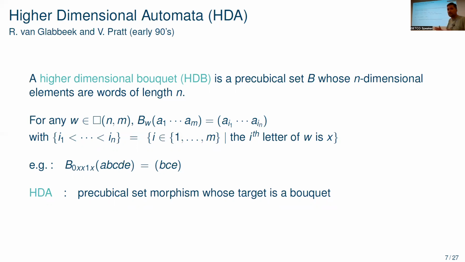So it's really the most natural generalization of an automaton you can imagine. Here you have an example of the bouquet B, for the word 0xx1x applied on the word ABCDE. It just means that you remove all the letters which correspond to letter 0 or 1.